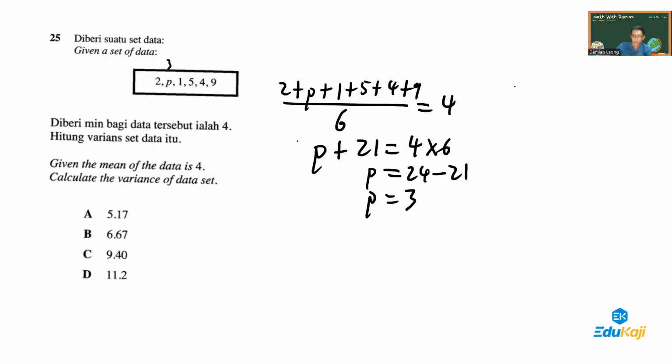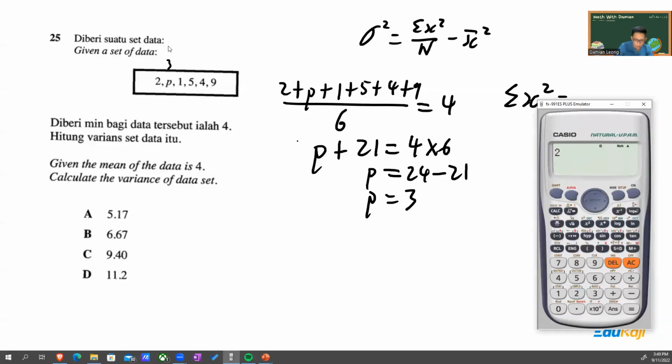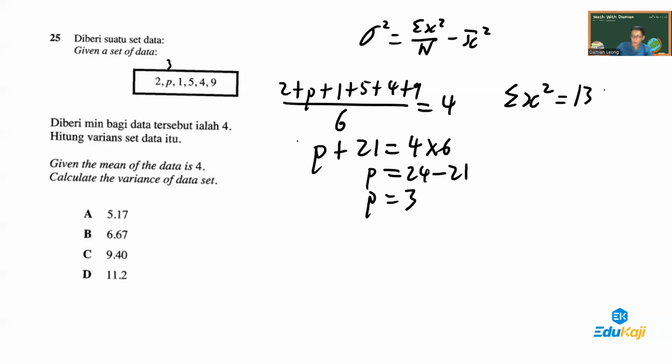To find the variance, I want the sum of x squared, because the variance formula is sum of x squared over n minus mean squared. So the sum of x squared is each value squared and added together: 2 squared plus 3 squared plus 1 squared plus 5 squared plus 4 squared plus 9 squared, which is 136.